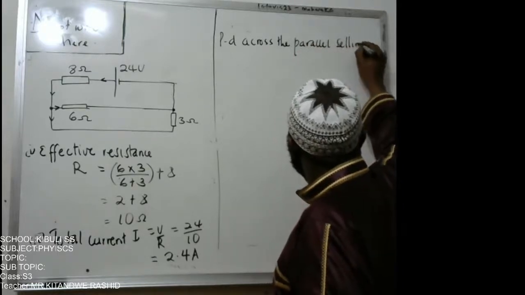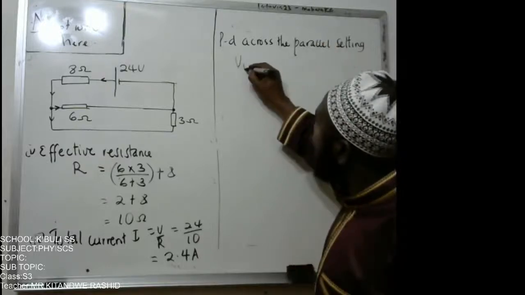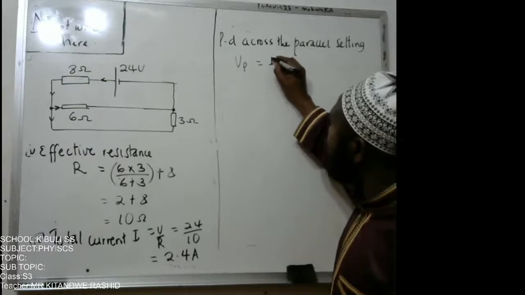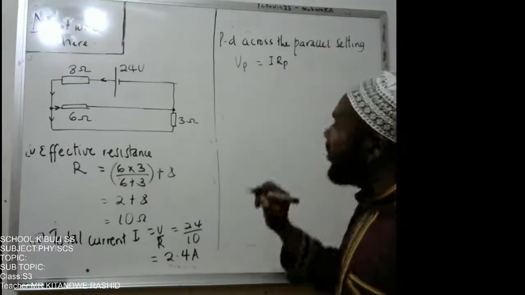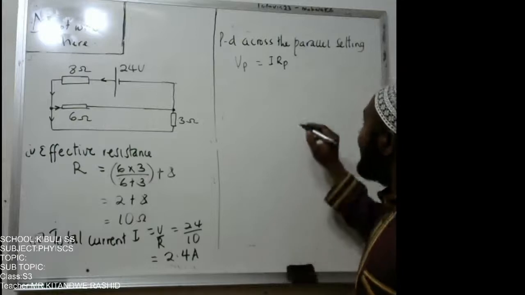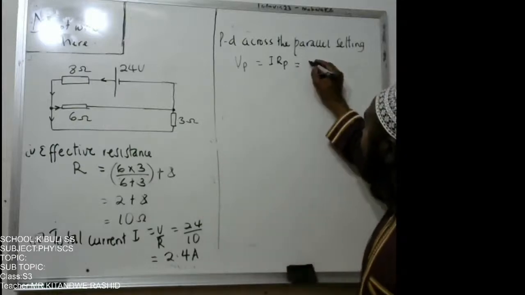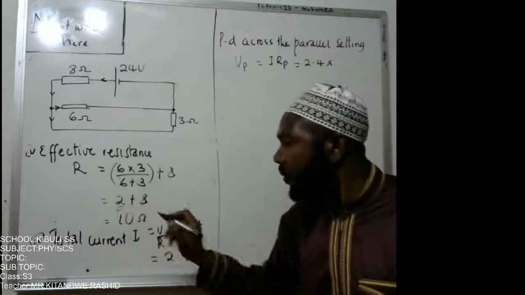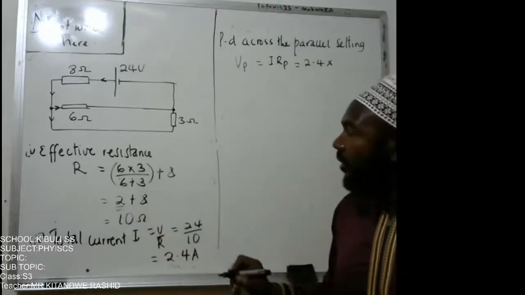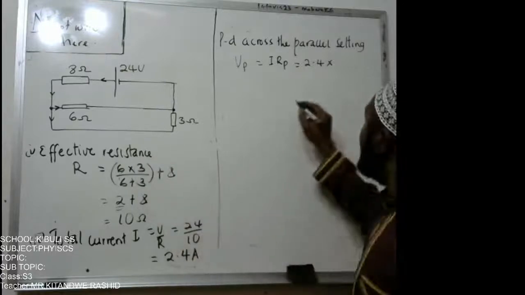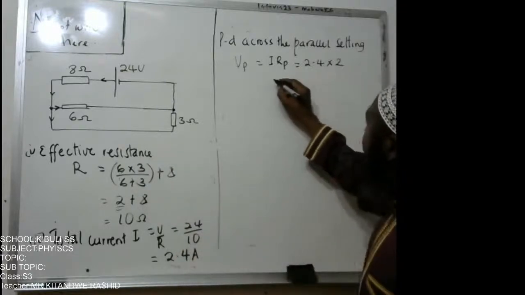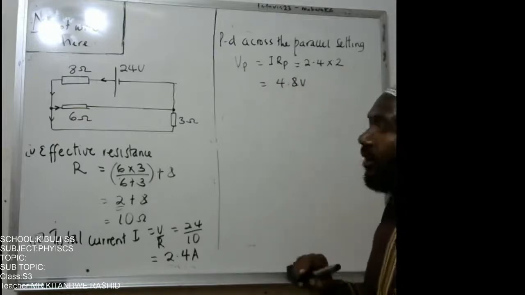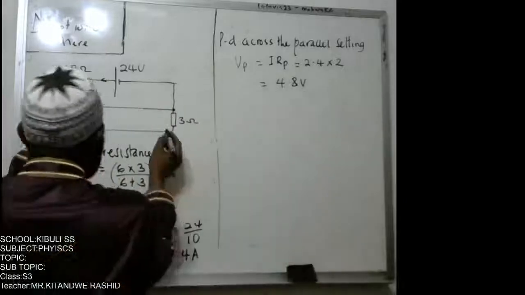We call it V parallel, which is equal to the total current in the circuit times the resistance in the parallel setting. So the total current is 2.4. The resistance in the parallel setting is actually 2. So the PD now is going to be 4.8 volts. That is the PD here.